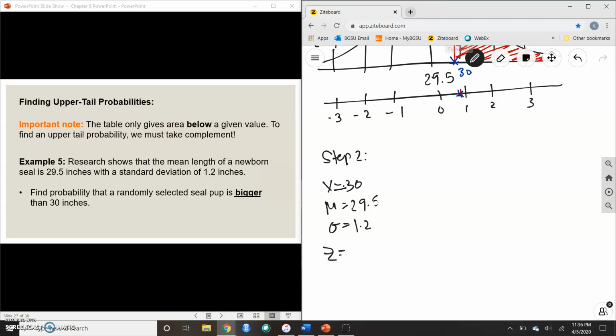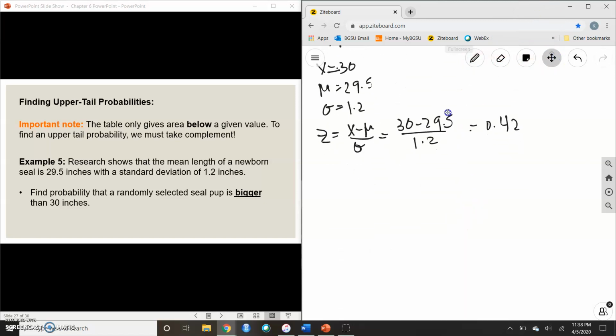So z is x minus mu all over sigma, which is 30 minus 29.5 all over 1.2, which is going to give us 0.42, which we actually solved for in the last example.